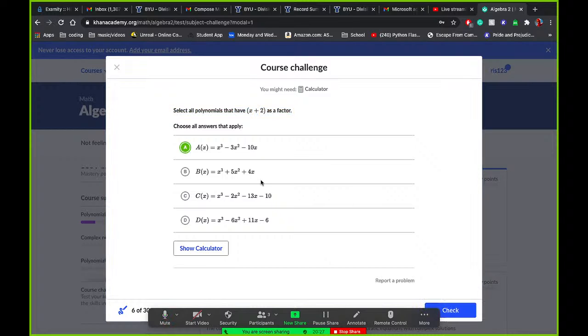Because you have negative 5 and then you have 2, and negative 5 plus 2 is negative 3. So yeah, it is. Tell me if I'm wrong. Okay, I don't think so.